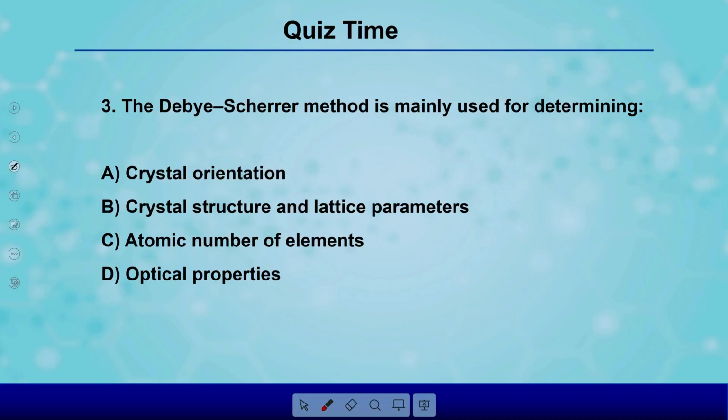Third question. The Debye-Scherrer method is mainly used for determining option A, crystal orientation, option B, crystal structure and lattice parameters, option C, atomic number of elements, option D, optical properties.